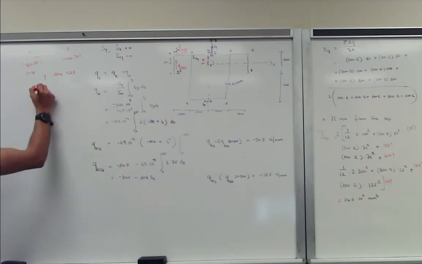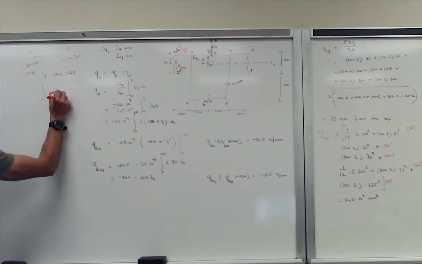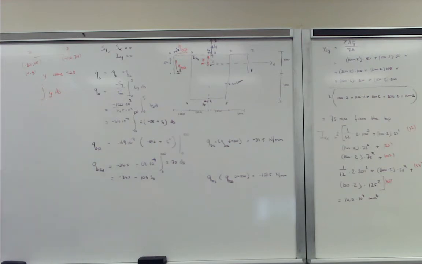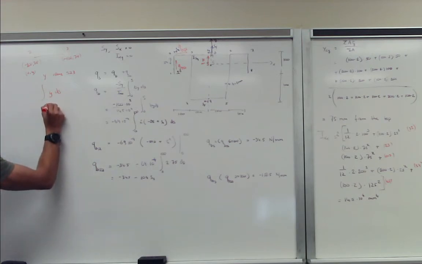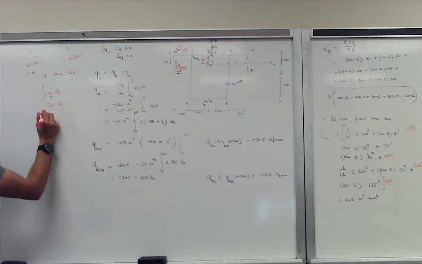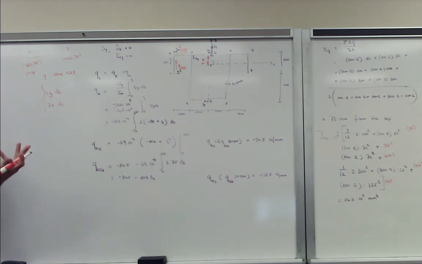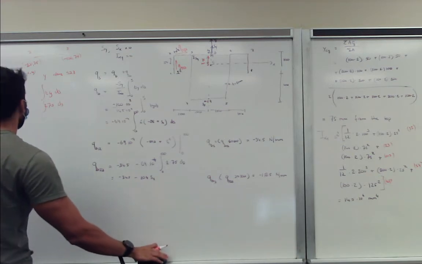So when you do the integral of y ds, y is a constant, and the value is equal to 75. So you still have your 75. The 2 comes from the fact that we have here a t, and that's equal to 2 everywhere. So that's where the 2 comes in.